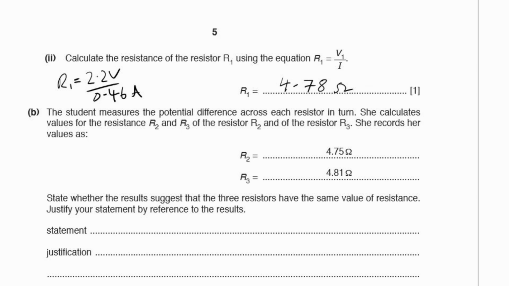Well, I'm going to say yes. If you look at those values, they're all pretty close together. So within the realms of experimental accuracy, it's entirely likely to be the same value for the resistance. Let's write that down. Yes, I believe that this suggests the three resistances are equal.